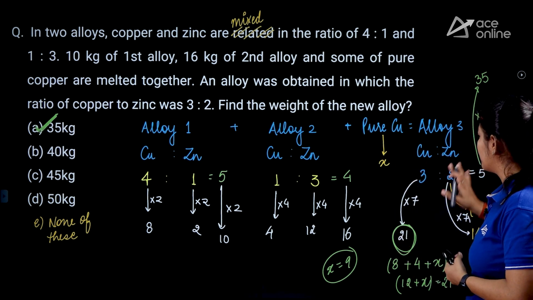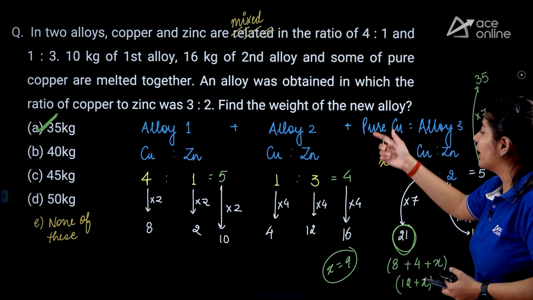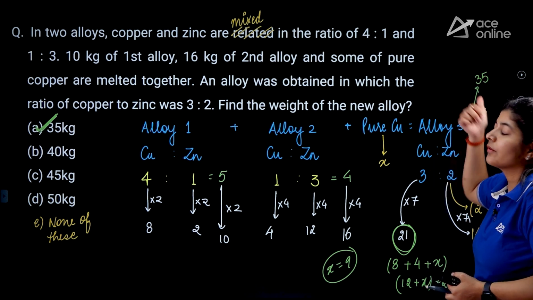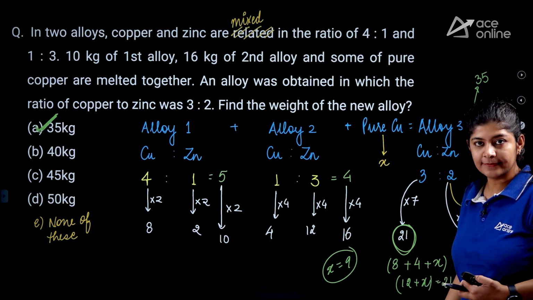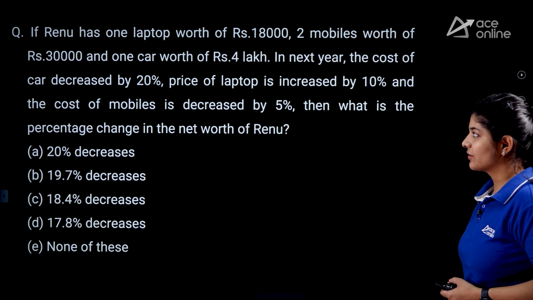But in this particular ratio format, there's no requirement to find the pure copper. With the help of this ratio, you can easily determine the weight of your third alloy. Is it clear? Okay. Now, let's move towards the next question.